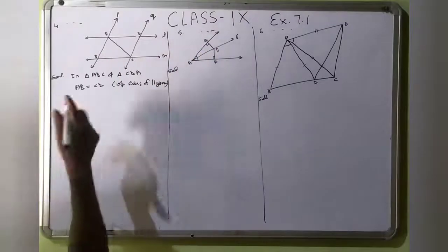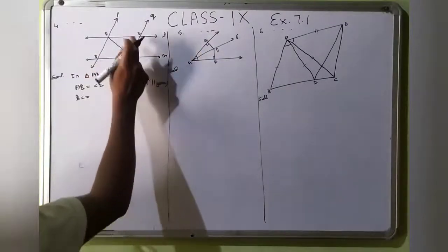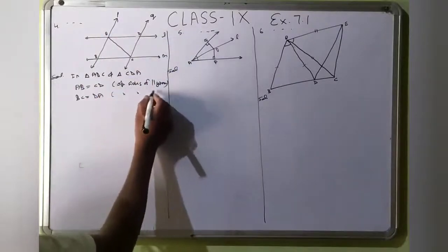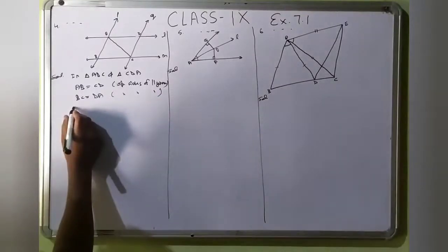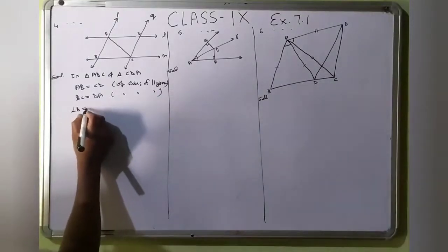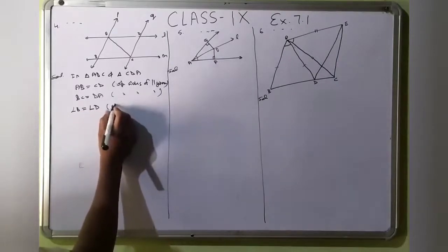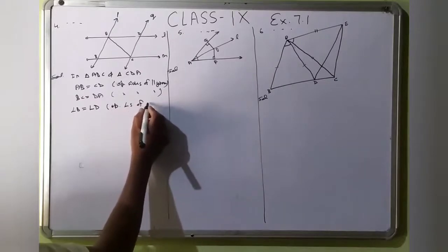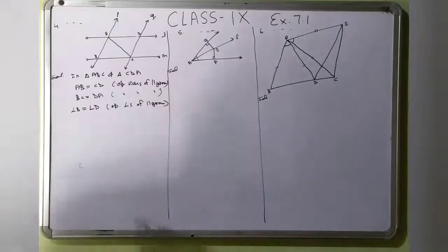And then BC is equal to DA. This is also the same reason, opposite sides of a parallelogram. So angle B is equal to angle D. These are also opposite angles of a parallelogram.